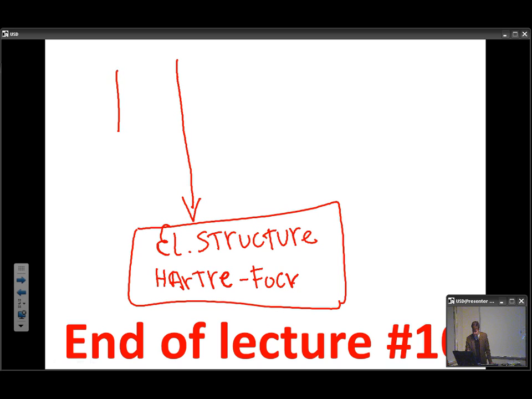On our road, we have learned the concept of the Slater determinant.